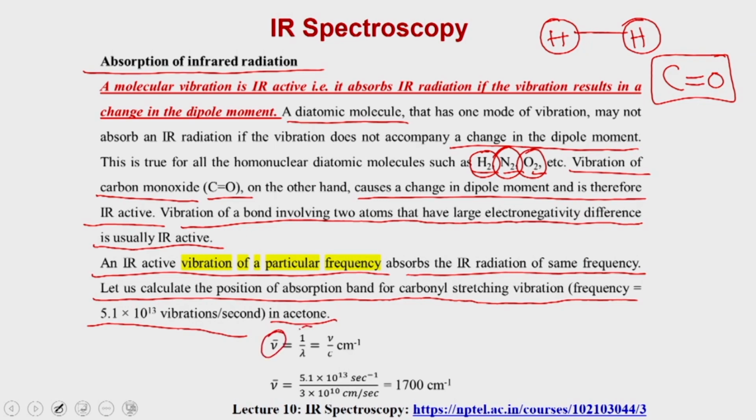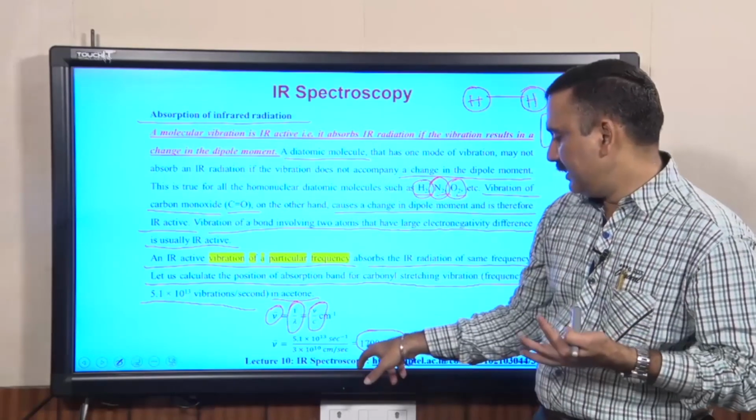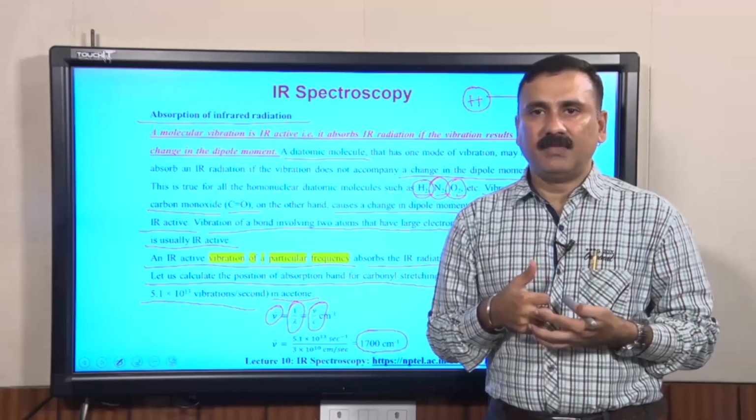The wave number is 1/λ = ν/c, so you just put in this number, and what you get is 1700 cm⁻¹, which means in the IR absorption spectrum, the carbonyl bond is going to absorb at 1700 cm⁻¹.